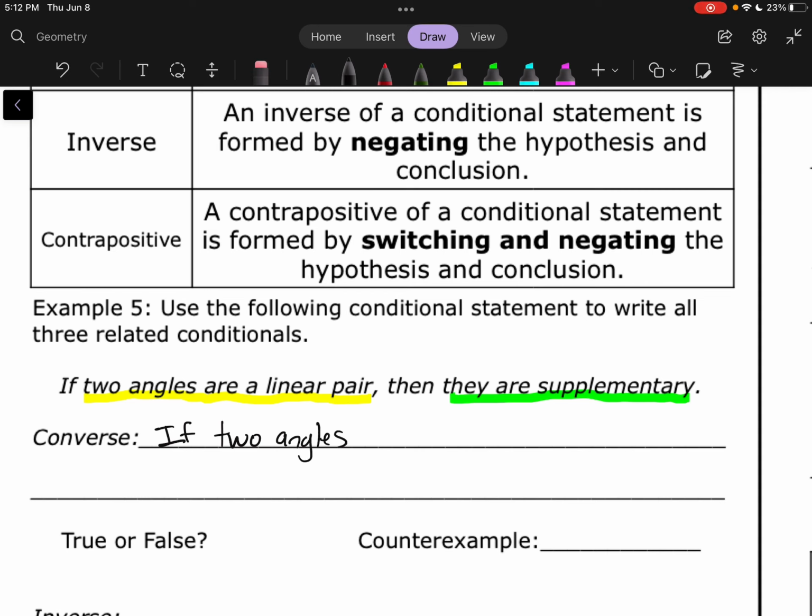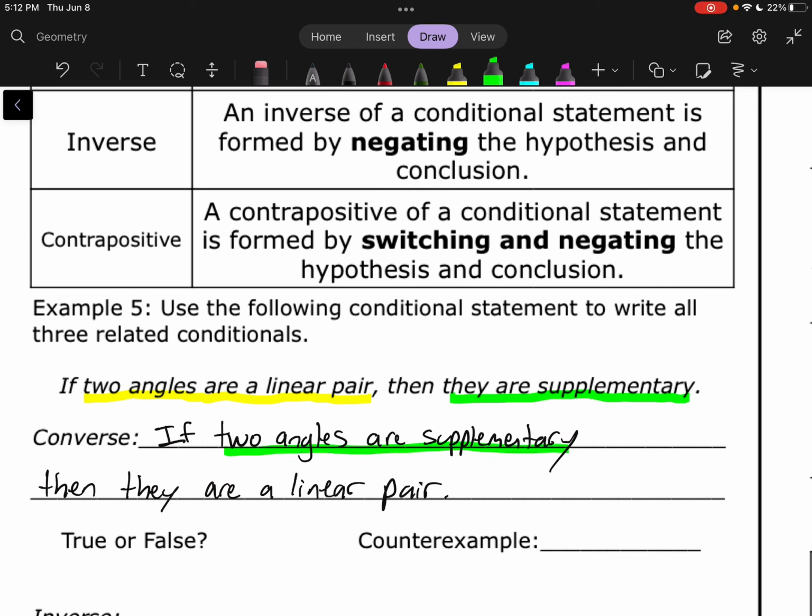But I'm going to say if 2 angles are supplementary, then they are a linear pair. So see what I did there? I put the supplementary part in the front and the linear pair part in the back. So I switched them. So that's how you form the converse.